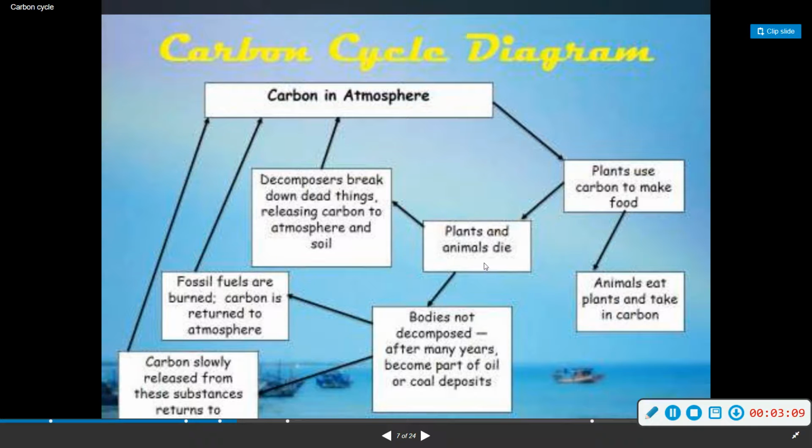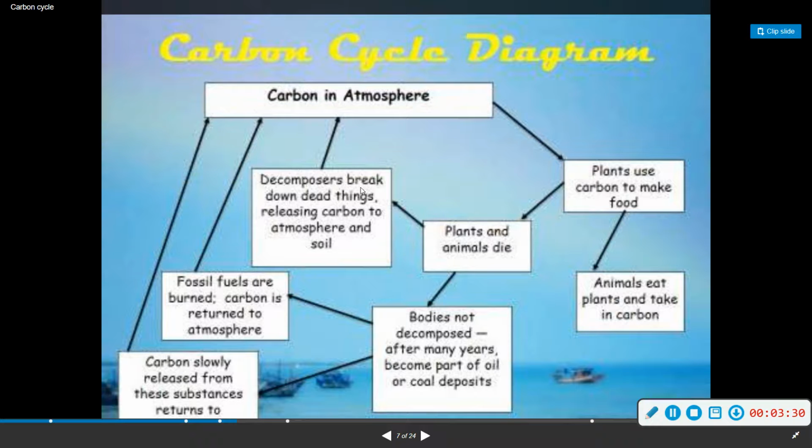The plants and the animals are going to die, and they're going to release that carbon back into the soil. So you have bodies that are not decomposed after many years become part of the oil or coal deposits. That's fossils eventually becoming oil.